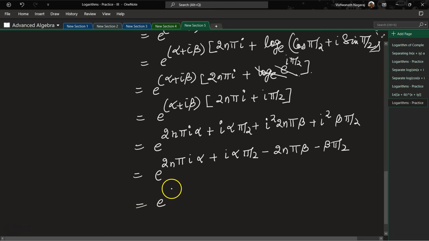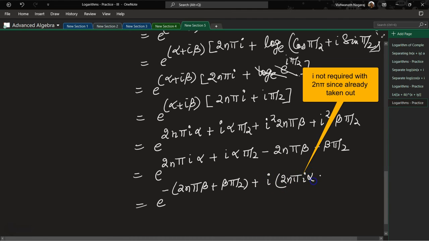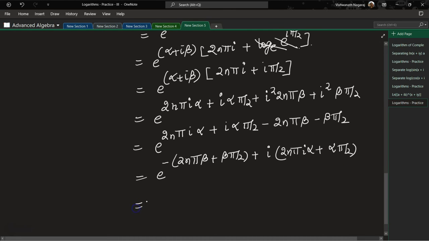So we get minus 2n pi beta plus beta pi by 2. Then plus we get i is common, 2n pi alpha plus alpha pi by 2.